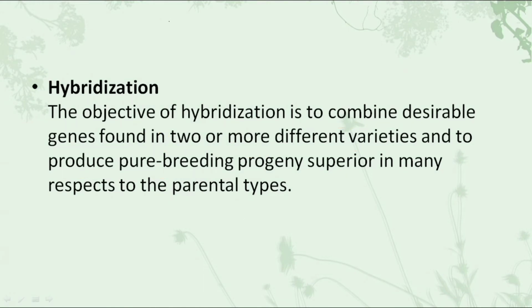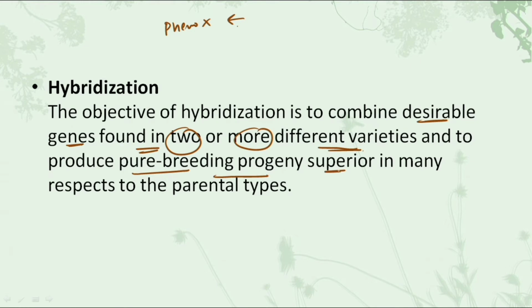In hybridization, the phenotypic characters are not taken into prior consideration. Here, the desirable genes are selected depending upon whether they are found in two or more varieties. And if they are found, these desirable genes are used to produce pure breeding progenies that are superior.